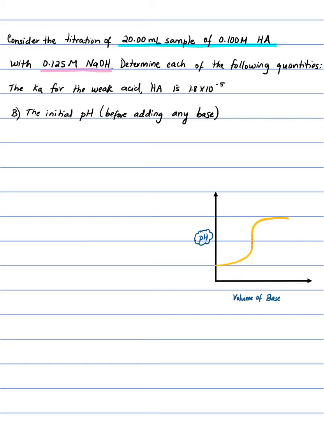So we're trying to get this first number here. That's my number 1, which is my first pH value here. So I'm going to write down my equation for the dissociation of your weak acid, which is HA.